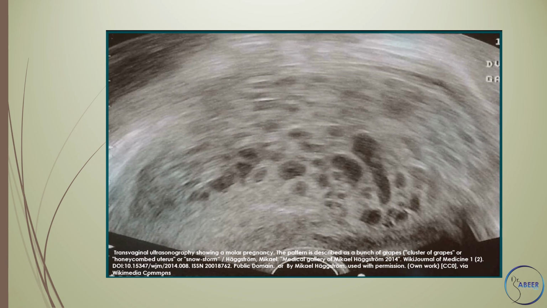Estimation of human chorionic gonadotrophin levels may be of value in diagnosing molar pregnancies. Human chorionic gonadotrophin levels greater than 2 multiples of the median may help.